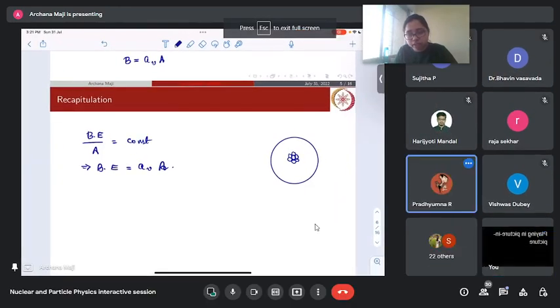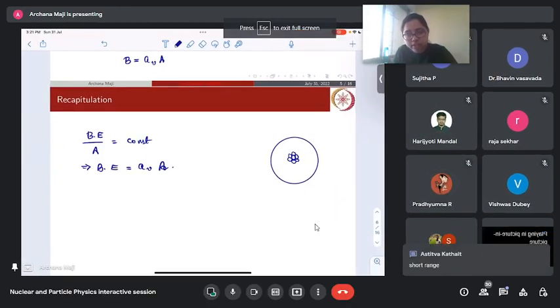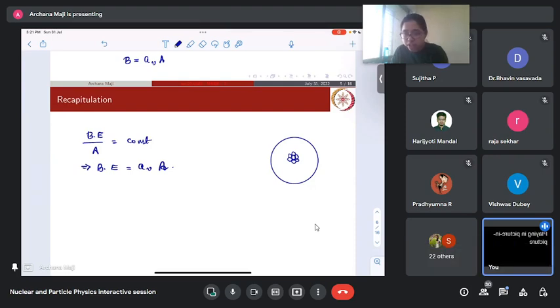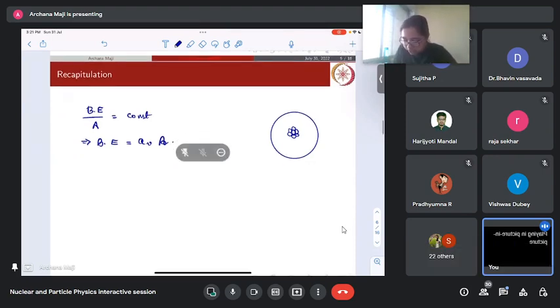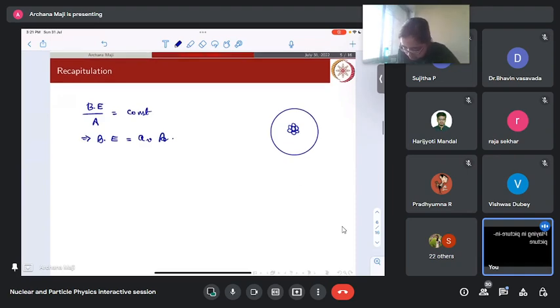Strong nuclear force. Yeah, it is strong nuclear force, but what else? Yeah, short range, exactly. So it tells us that the nuclear force is short range.